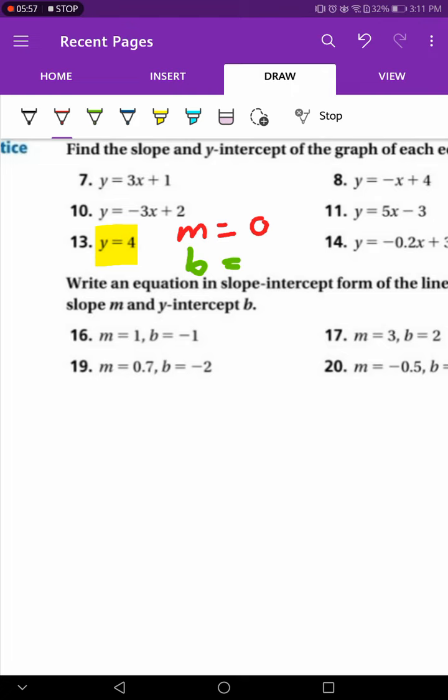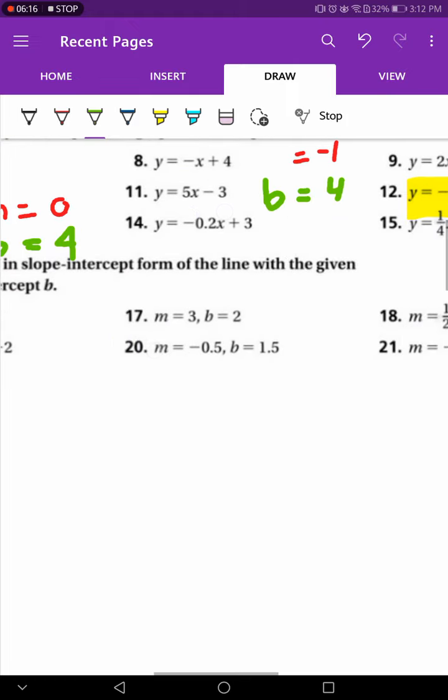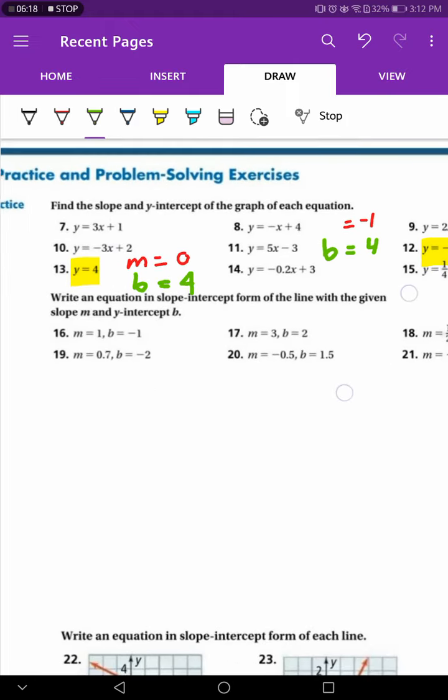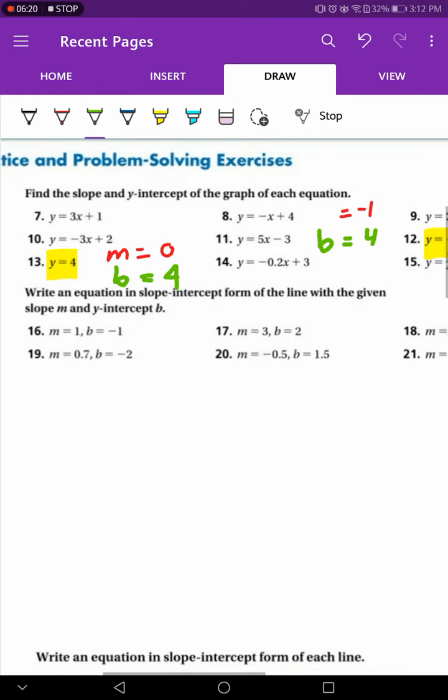Yes, we know that, but it is early now. And the b is, yes, 4. The number that comes alone without x and without y behind. Okay, my dear student, are you happy now? I hope so. So this exercise asks me to find out what is m and what is b, what is the slope and what is the y-intercept.